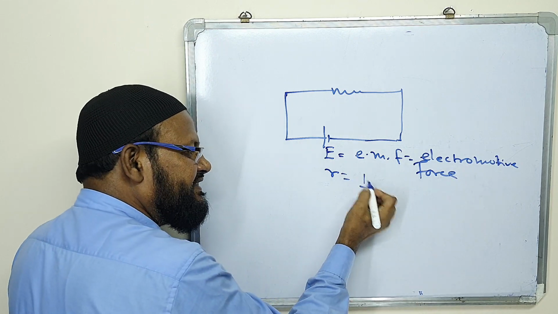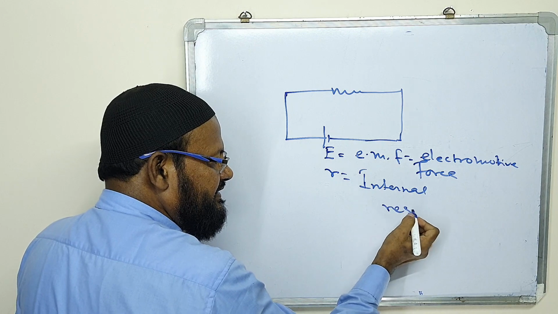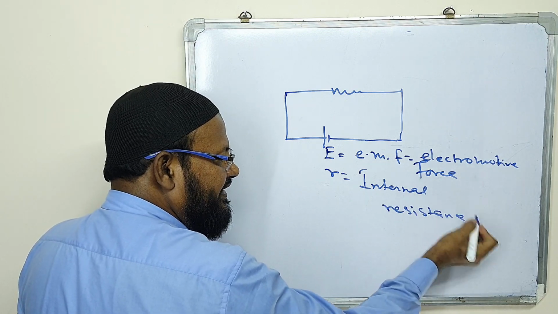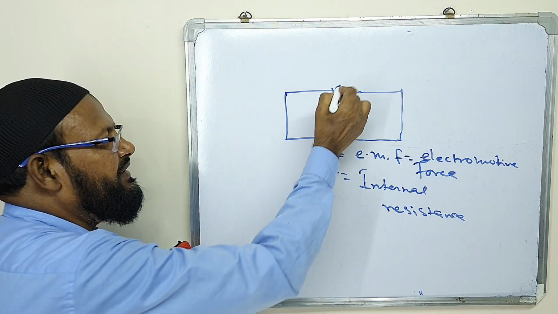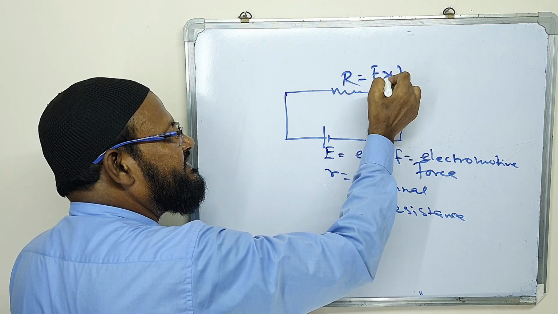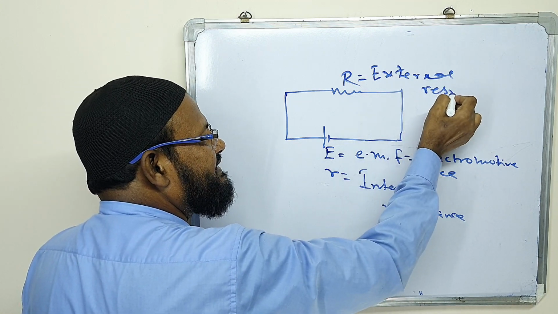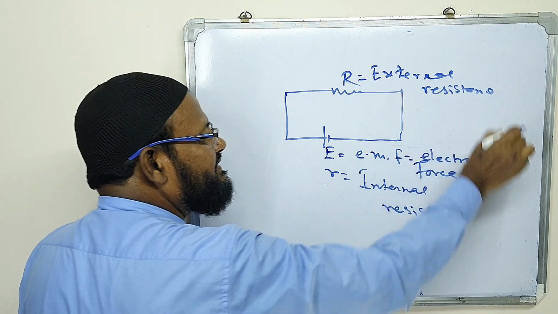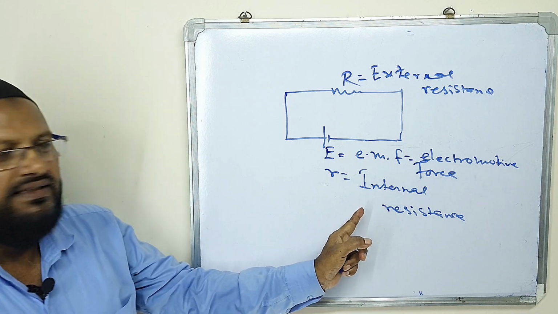And this, sir, is internal resistance. See here, here is capital R. This, sir, is external resistance. Why external, or why internal?